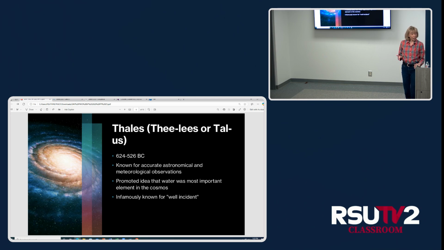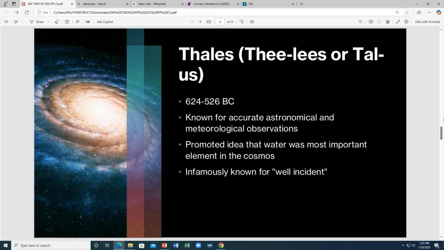He promoted the idea that water was the most important element in the cosmos. So long ago, there was so much talk about elements, right? So air was another example. But his idea was that water was the most important element within the cosmos.